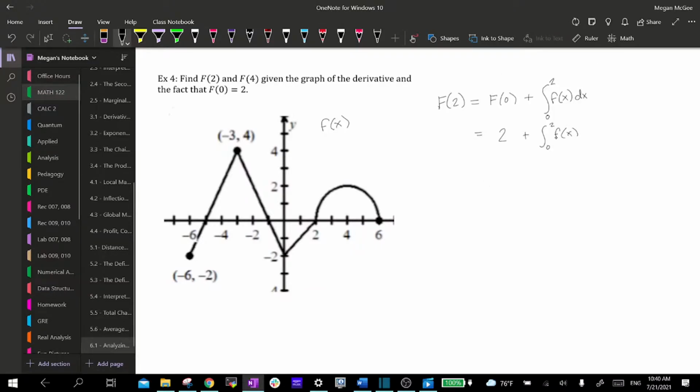Okay, and we don't have the function of the derivative, but we have the graph. So we can't just plug the integral into the calculator. Instead, we have to find our total accumulated change by finding the area under the curve by looking at our graph. So we're looking from 0, which is here, up to 2.